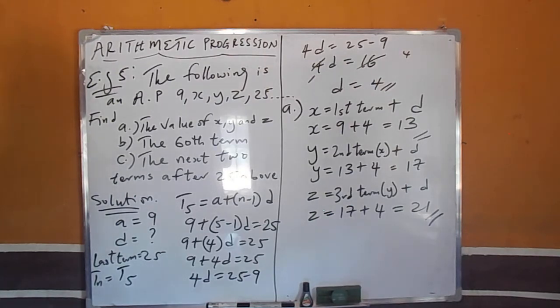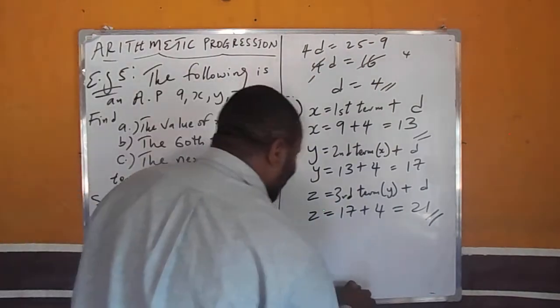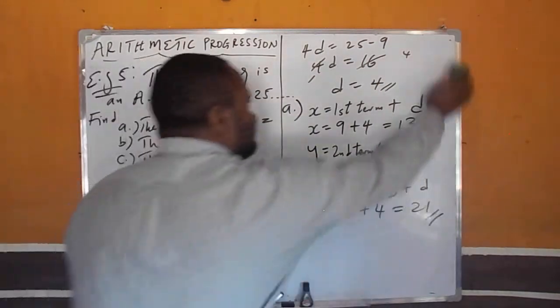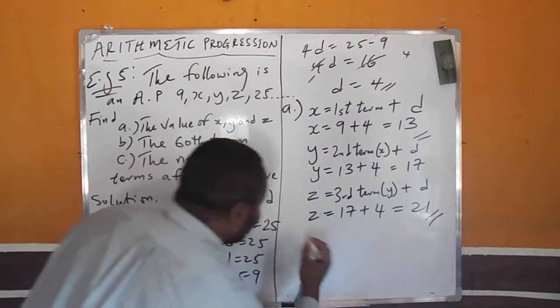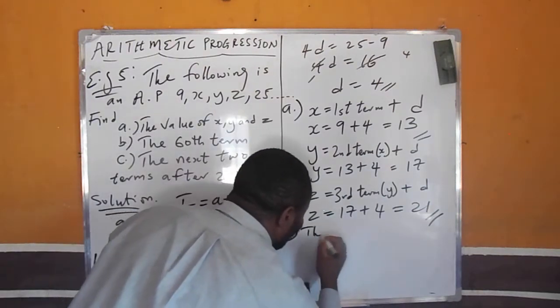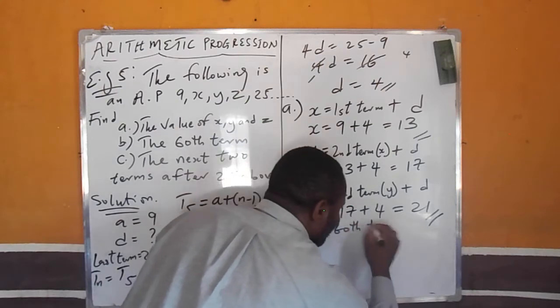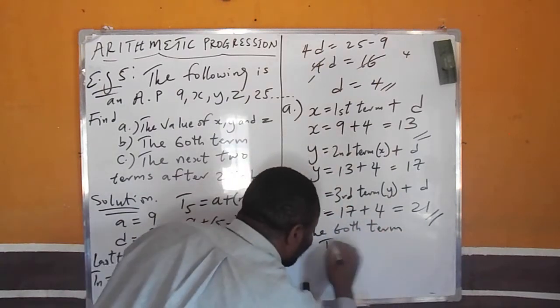Now we can move on to B. B says the 60th term. Looking for the 60th term, we now say B, the 60th term.